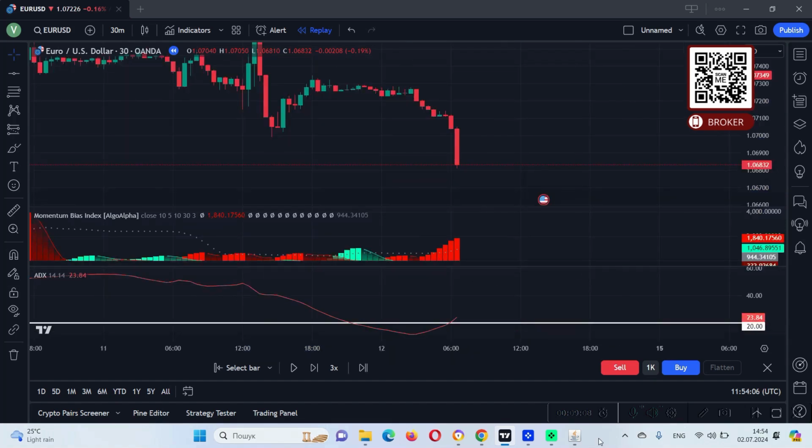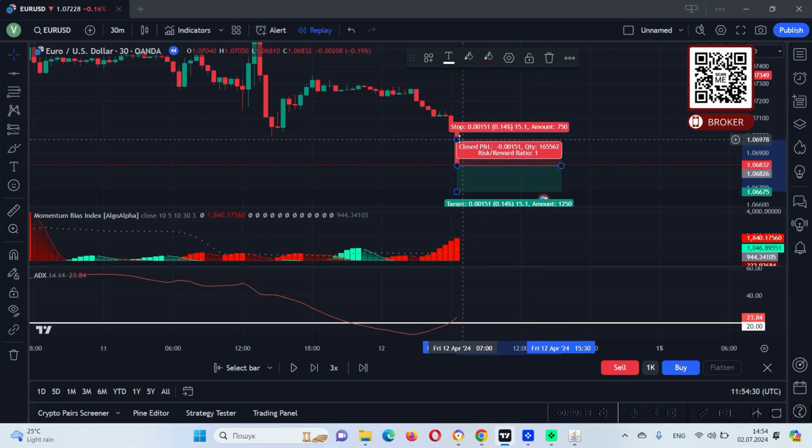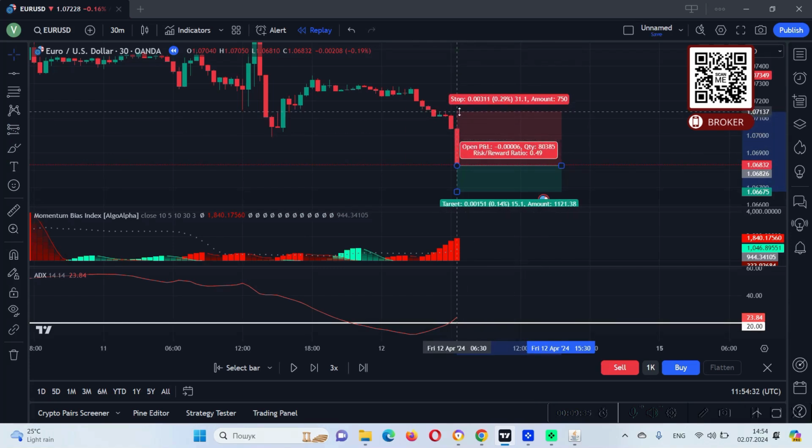And finally, let's examine a sales example. The red line has intersected our white line and is ascending. The formed red columns are above the gray dotted line. That's why I'm initiating a sale deal. I have set a stop loss and take profit.